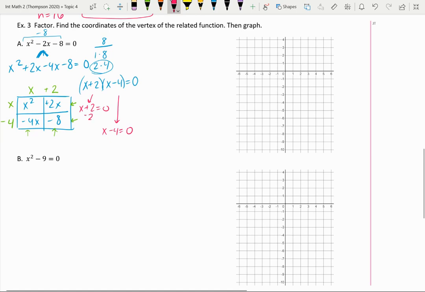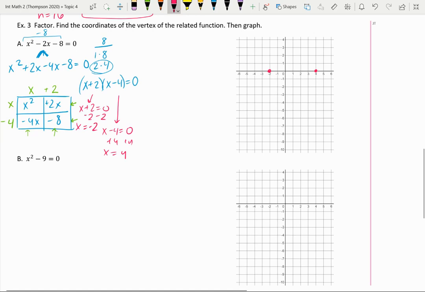So watch this. So I solve for x. I get x equals -2, and x equals 4. So I go to my graph, and I go to -2, and I make a dot. And I go to x equals 4, and I make a dot, because those are the solutions, which can give me my x-intercepts.